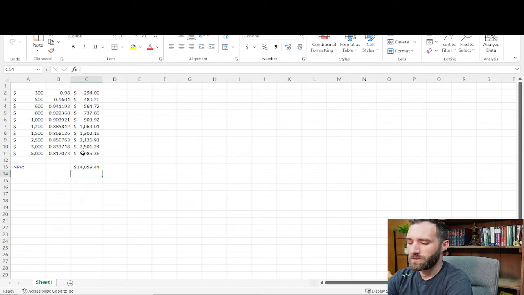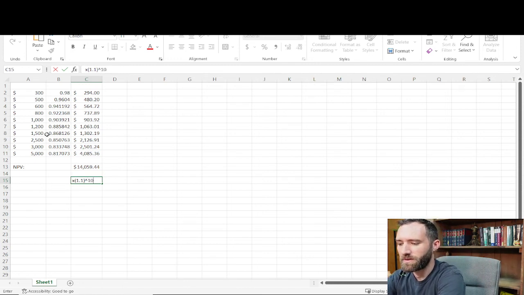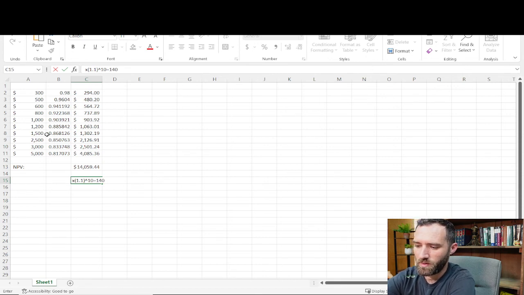Okay, so imagine I'm investing. How much would I have to pay today, X, for a 10% return, so 1.1, and it's a 10-year period, so to the 10th would equal 14,059.